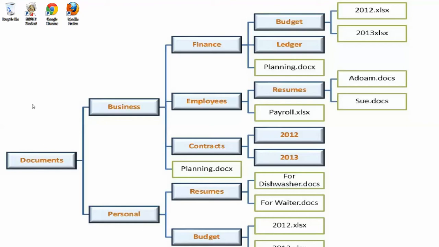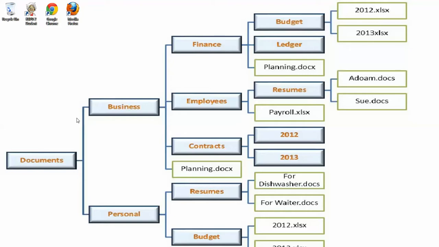So in a way, you could read this diagram the way you read a sentence. You could say, my document about my business, in particular, it's about finance, and in finance, it's about budget, and budget 2012 or budget 2013.